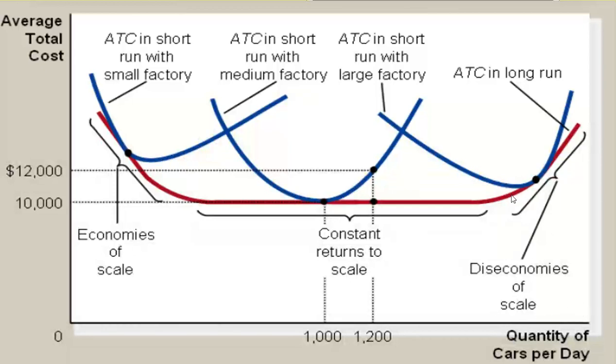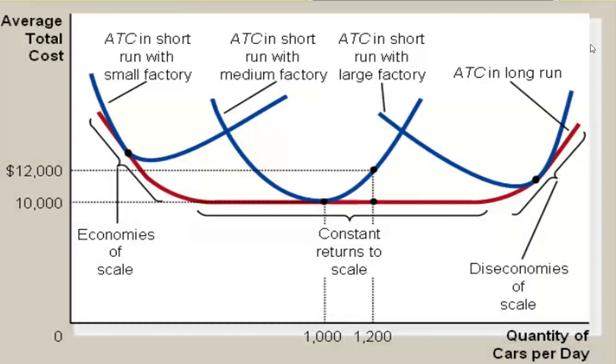So it's evident that diseconomies of scale refers to the point where the long-run average total cost curve is rising, and at the same point output is also rising. So this is known as diseconomies of scale.